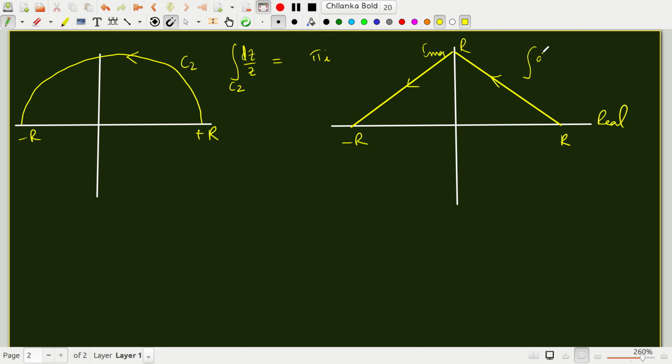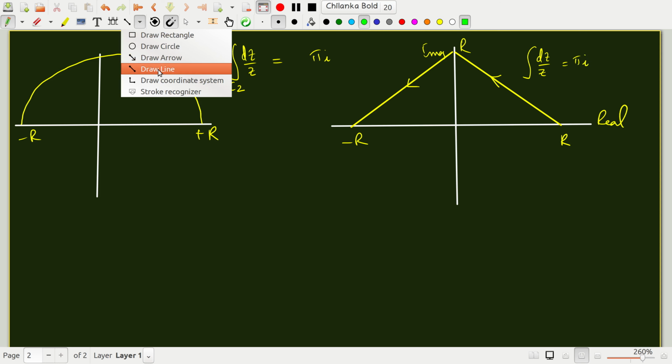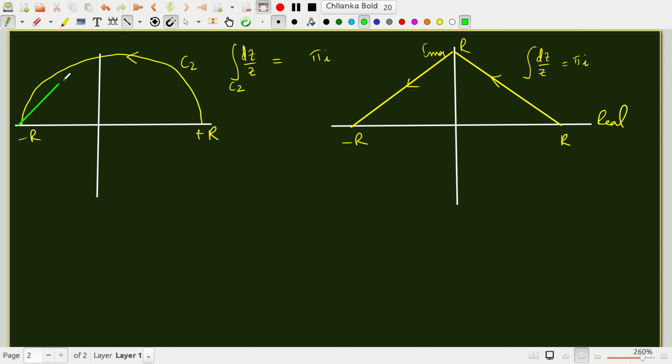Here also we showed that the integral of dz by z is pi i. On the other hand, if I were to go from here to here, and then from here come back here, the counterclockwise semicircle will give you plus pi i. Now this integral is just the opposite of this integral, it will give you a minus pi i. So the integral over this composite contour is 0.